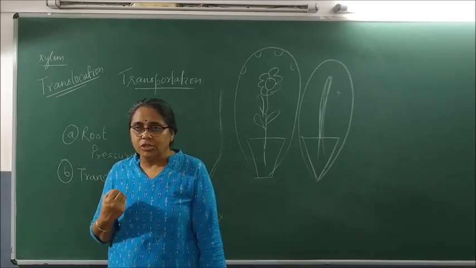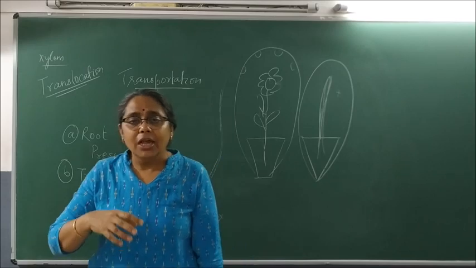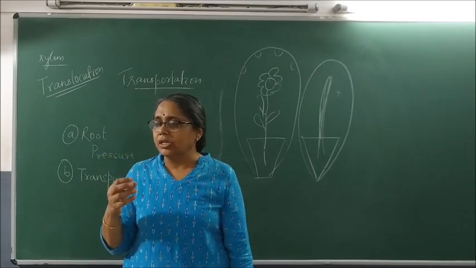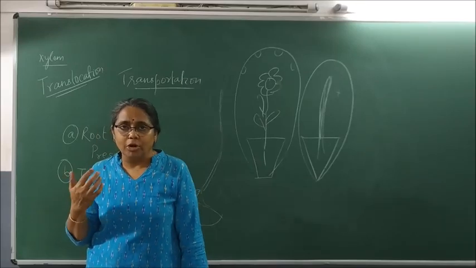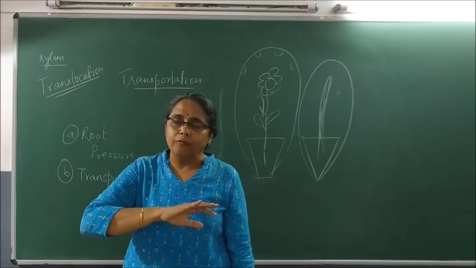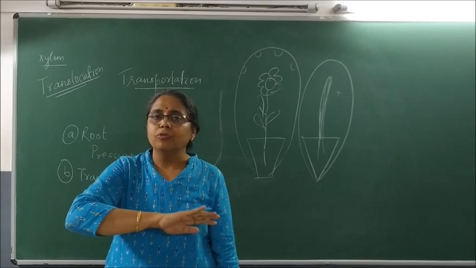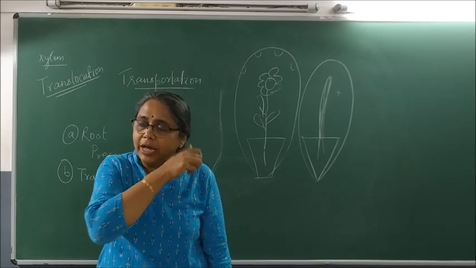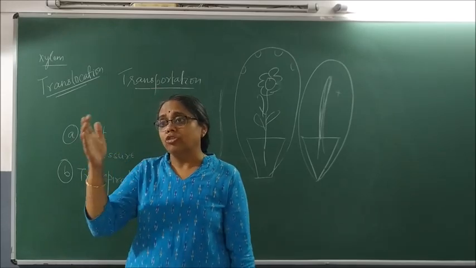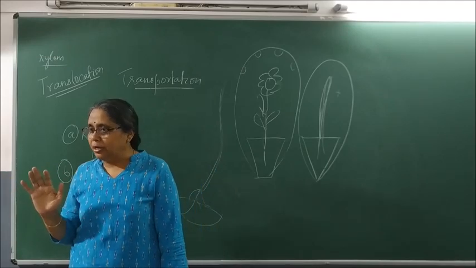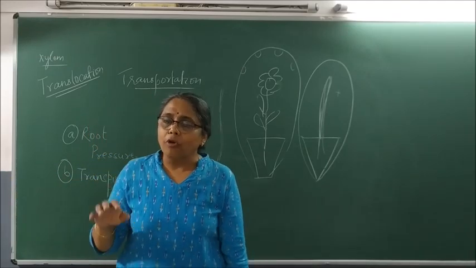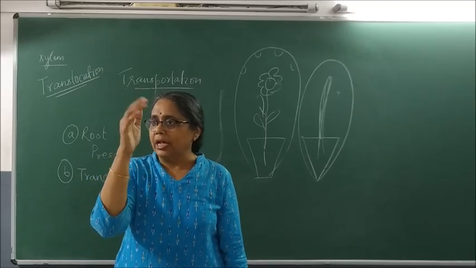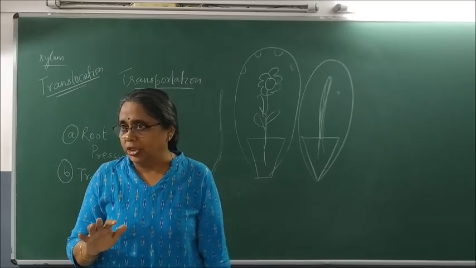This energy is useful for dissolving materials like sucrose into the phloem tissue, which increases the osmotic pressure, and hence phloem transports these food substances from a region of higher osmotic pressure to a region of low osmotic pressure, and hence food gets transported from the leaves in upward as well as downward direction.